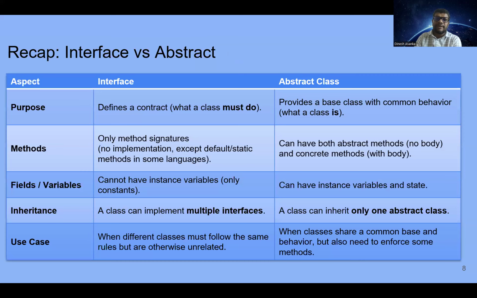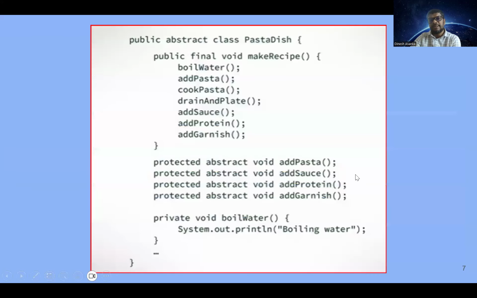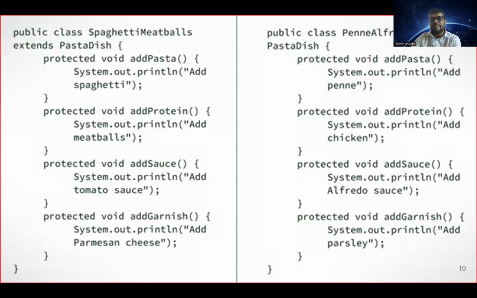If I go back to the previous code, now you can see in the superclass you set this method, as well as some concrete methods. So when you are inheriting this in a subclass, you don't have to implement the main recipe method as well as a few other methods.